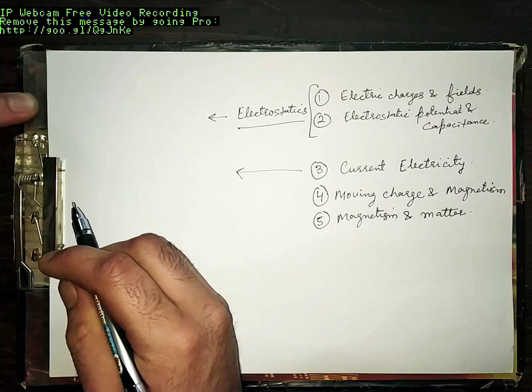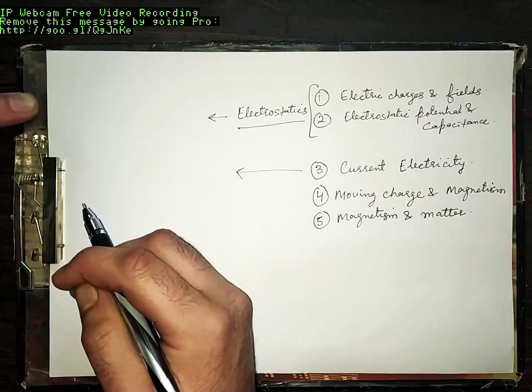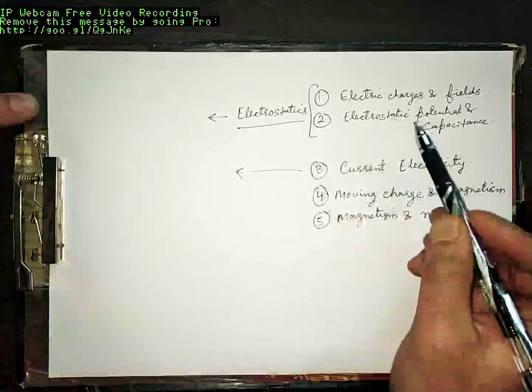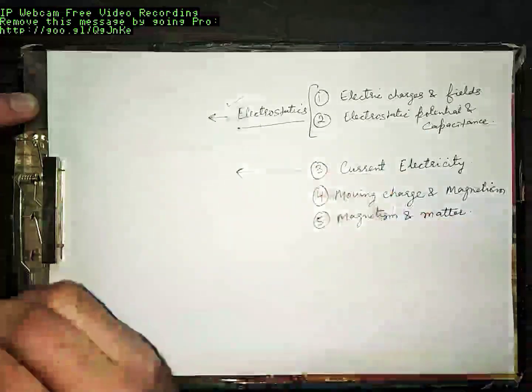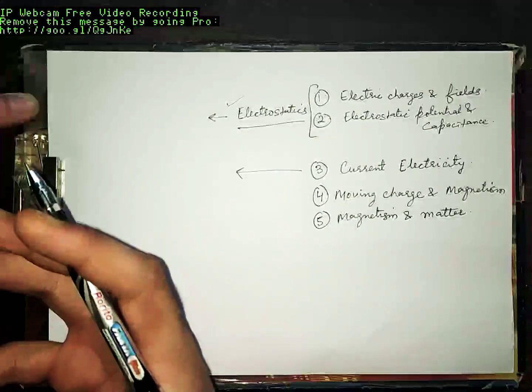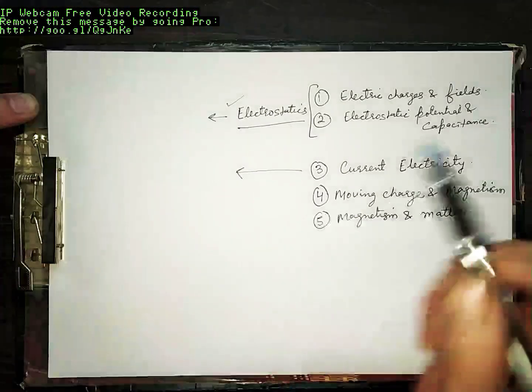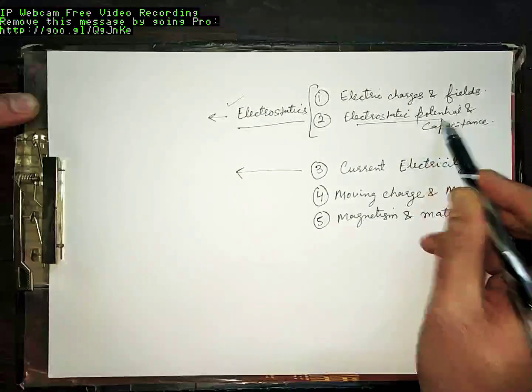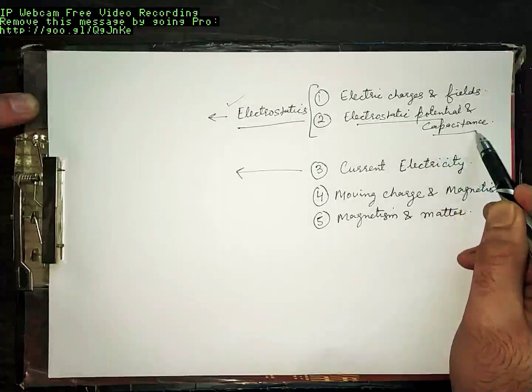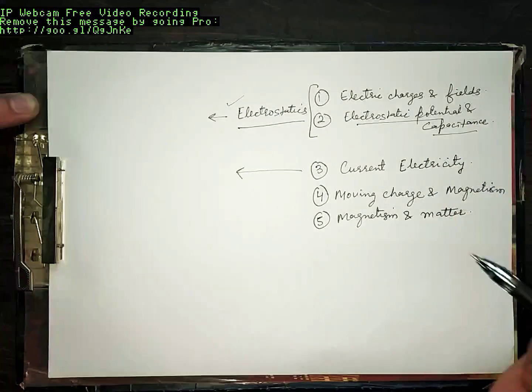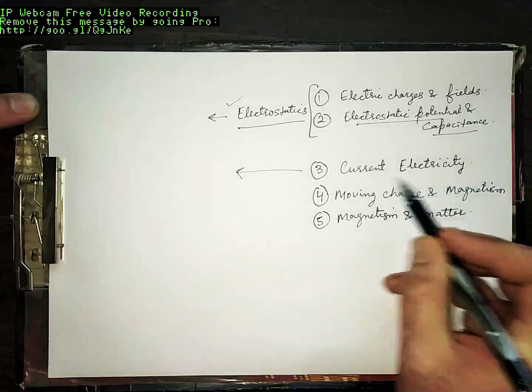Initially, when charges are at rest, that's electrostatics. We studied physics like what's the force exerted between two charged bodies, what is the electric field. Similarly, what is the potential of a charged body, how much charge is stored in a capacitor. We finished those things. Then we moved on to current electricity.